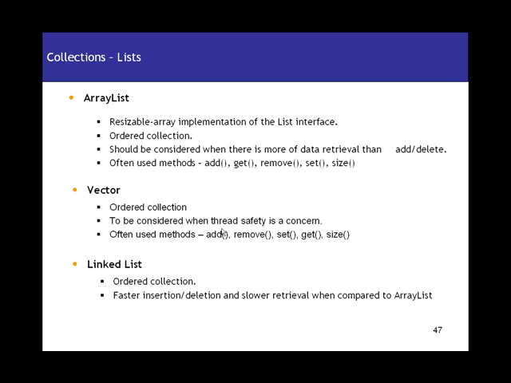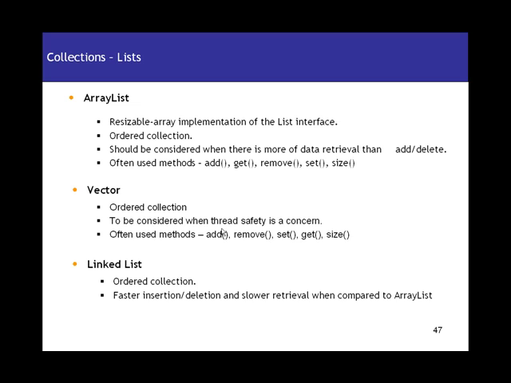So this talks about when you should go for which type of implementation between array list, vector, and linked list. All three are nothing but lists. So what criteria do you need to employ when choosing the correct type of list implementation? When there are a lot of retrievals compared to additions or deletions, you should go with an array list, because we know that an array list is internally an implementation of arrays.